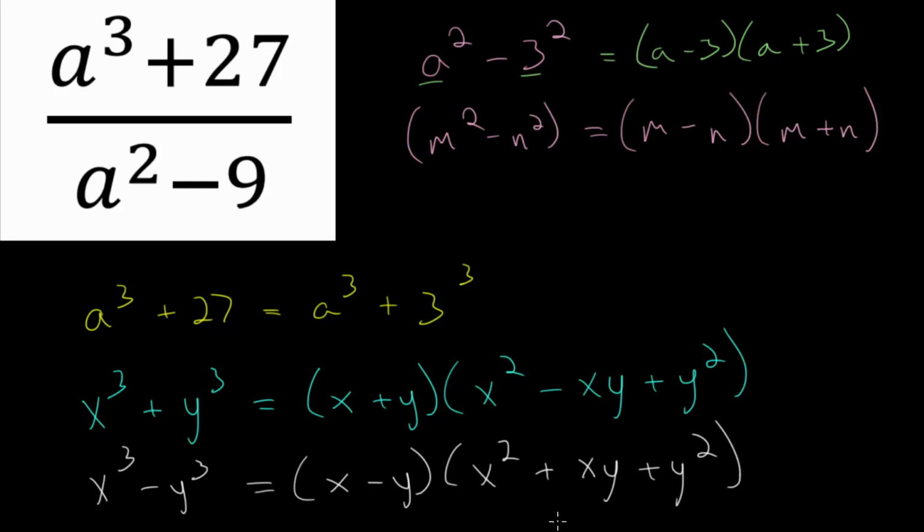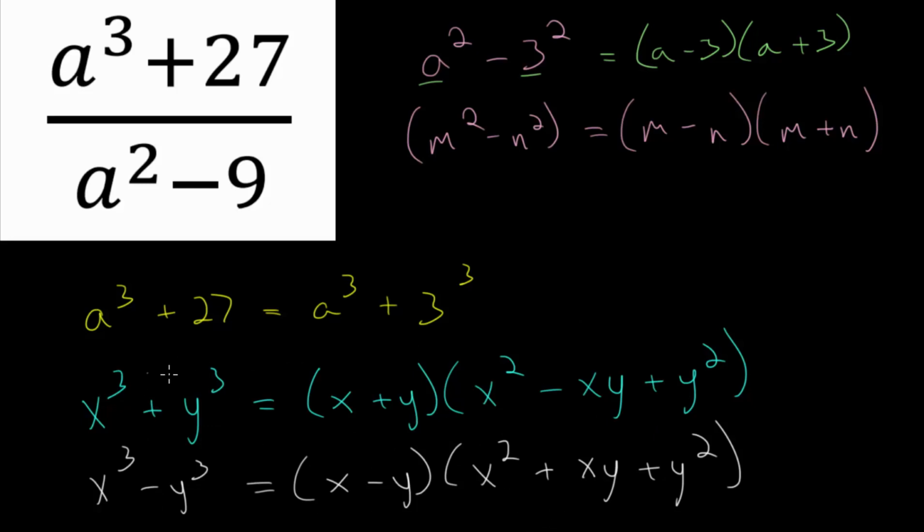And you can confirm these for yourselves by redistributing, multiplying the x to all the terms, and then multiplying y to all the terms so that you get 6 terms, and many of the terms will cancel out so that you just end up with these two cubes added together. And likewise for the difference of two cubes.